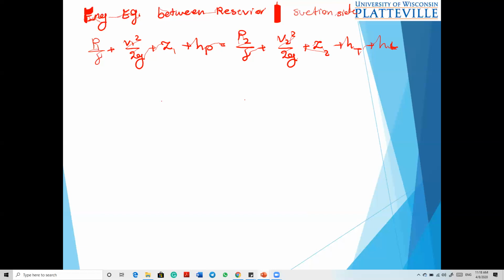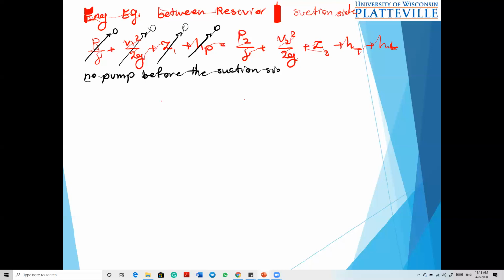Let's think about what is zero in this equation. Okay, at the surface of the reservoir, pressure is zero, velocity is zero. If I assume the datum is the surface of the reservoir, Z is zero. How about the pump? Do we have a pump before the suction side? No, we don't have any pump before the suction side. So this one is also zero.